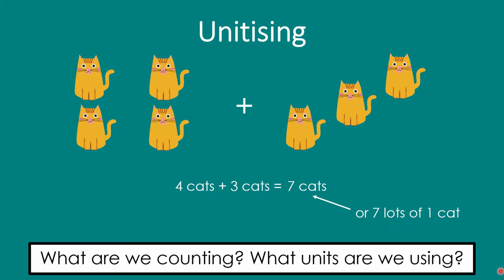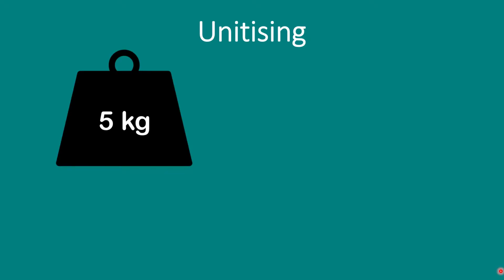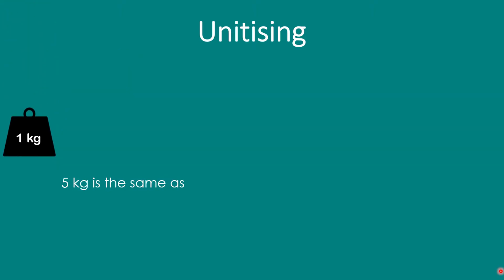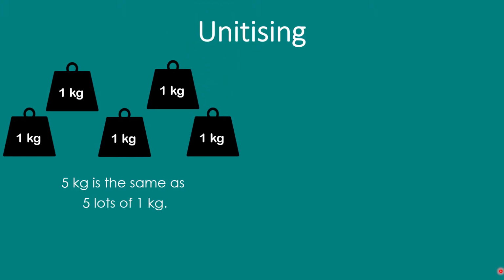Now, what are we counting this time? What are the units? They are cats. We are counting cats. The units are cats. Does that make sense? Another example. What are you imagining this time? Well, 5 kilograms is the same as 5 lots of 1 kilogram.